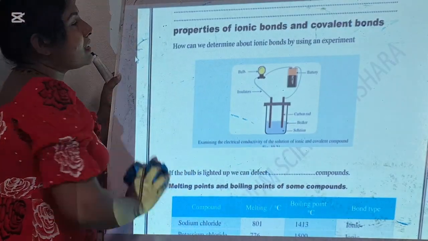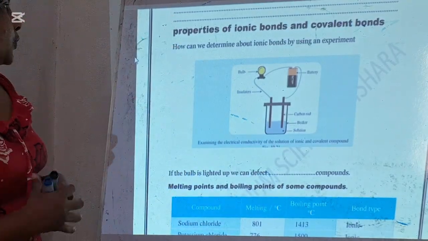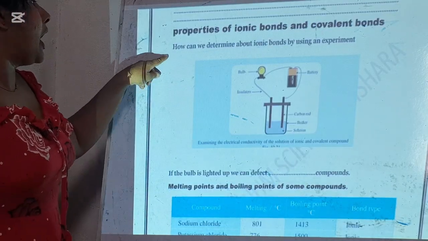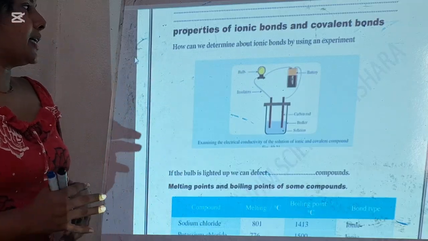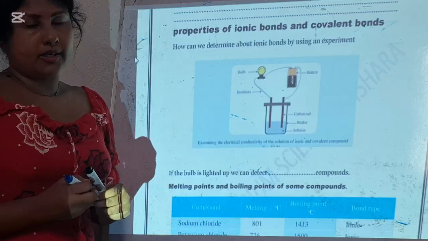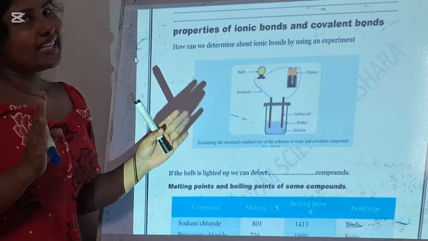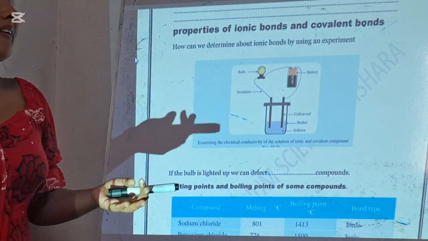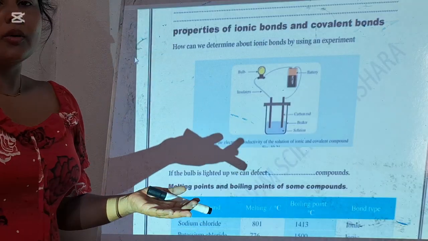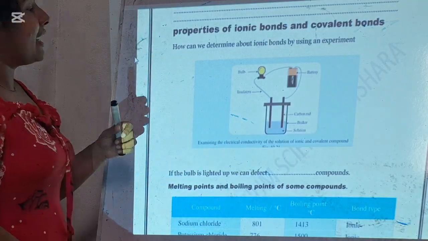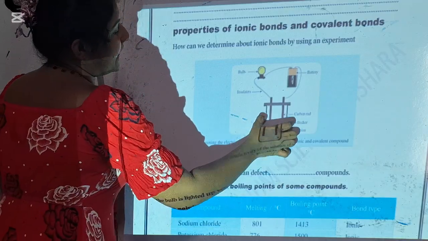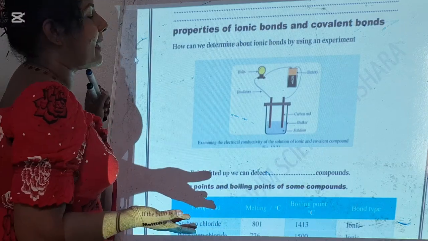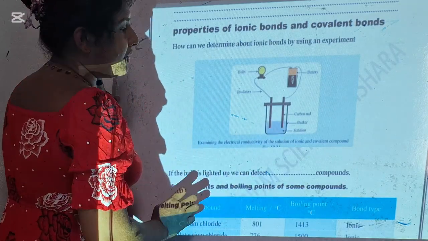The topic of this one is the properties of ionic bonds and covalent bonds. How can we determine ionic bonds by using an experiment? You did this experiment in former grades. Actually this is an electrolysis process. You did this in grade 9. මේකට අපිට beaker එකක් ඕන. We need a beaker.